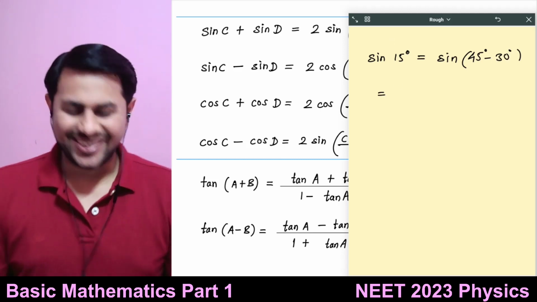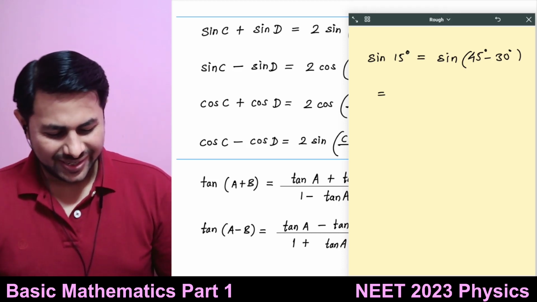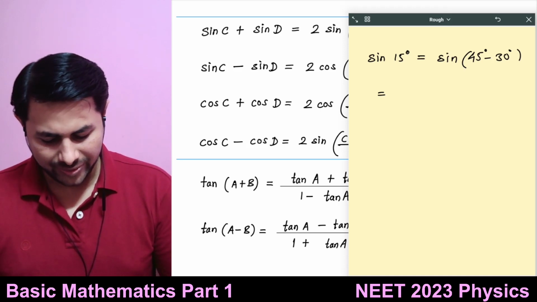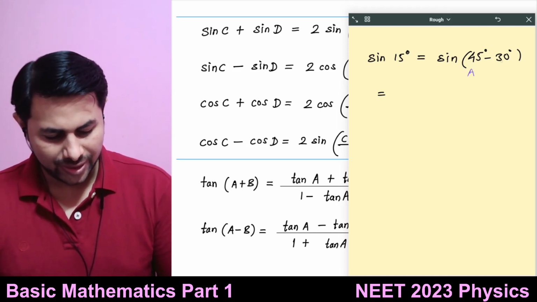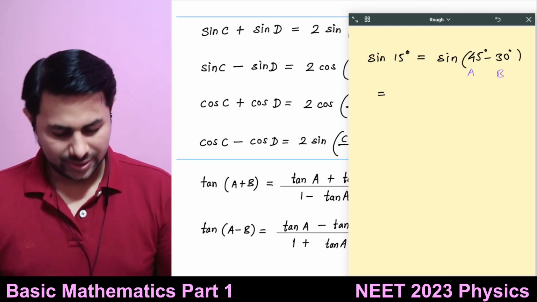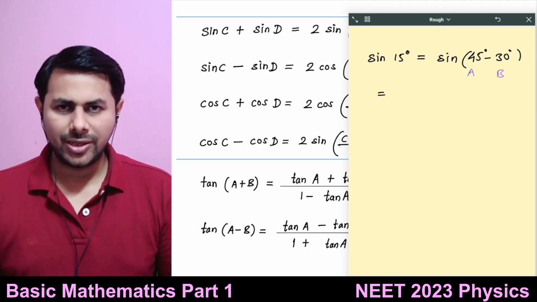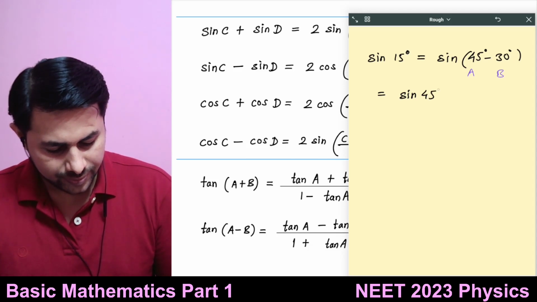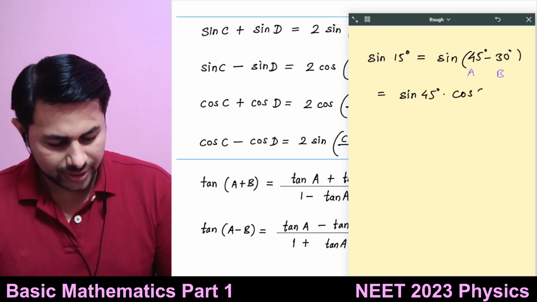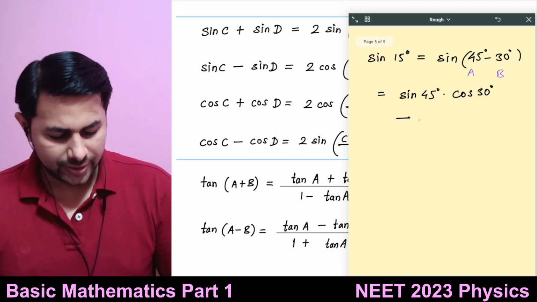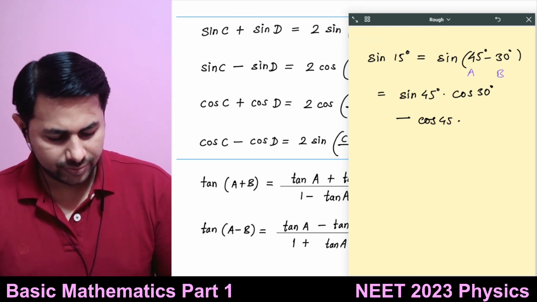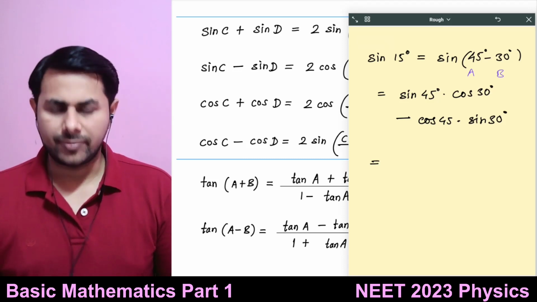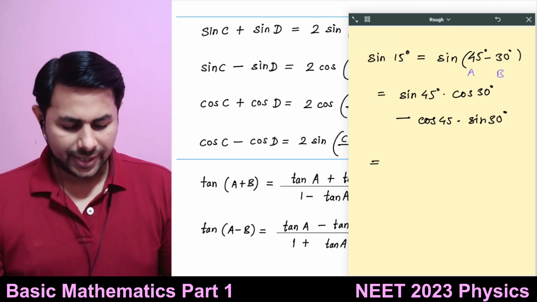Okay, that will be 15. Then this will be sine A cos B minus cos A sine B, where A is 45 and B is 30. So sine of 45 multiplied by cos of 30 degrees minus cos of 45 multiplied by sine of 30 degrees. What is sine of 45?